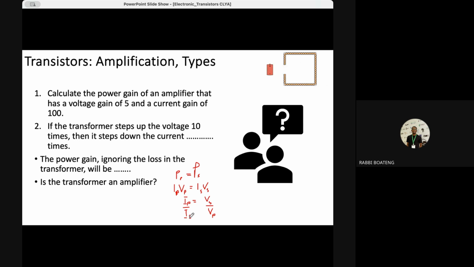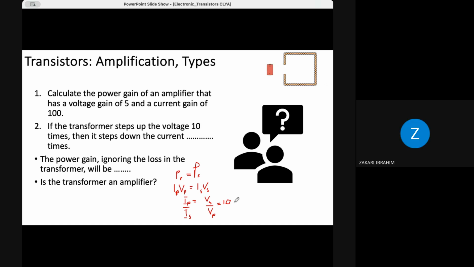Will I be correct if I say the formula that we have here is equal to 10? Yes. But per your question, we know that our input power is equal to output power. Let's say VI is equal to VI.